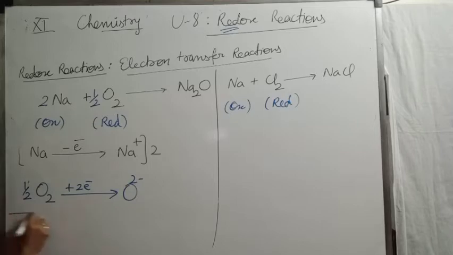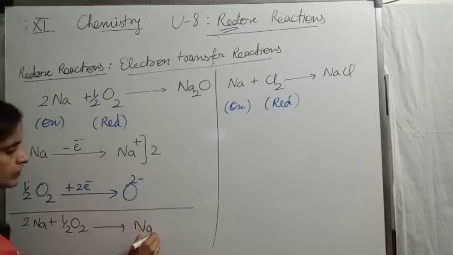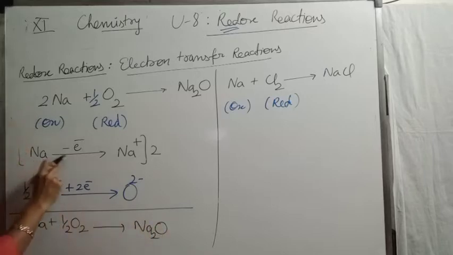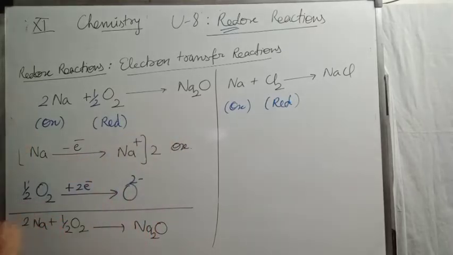Now when we add these two reactions, the first and second step, we will get 2 sodium plus half O2 gives Na2O. So here loss of electron is termed as oxidation.